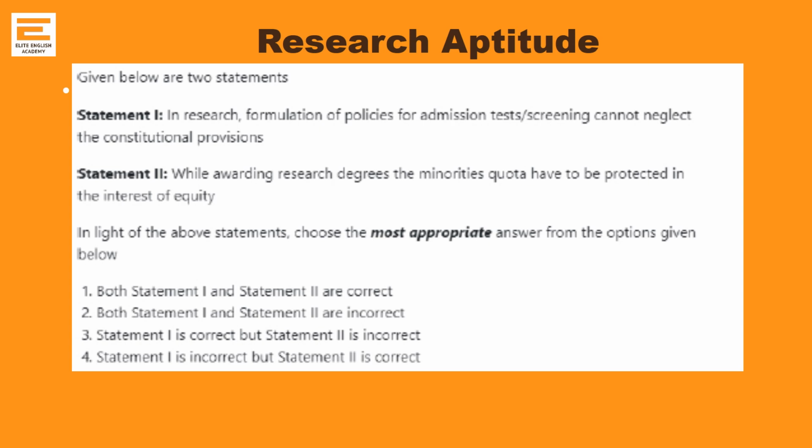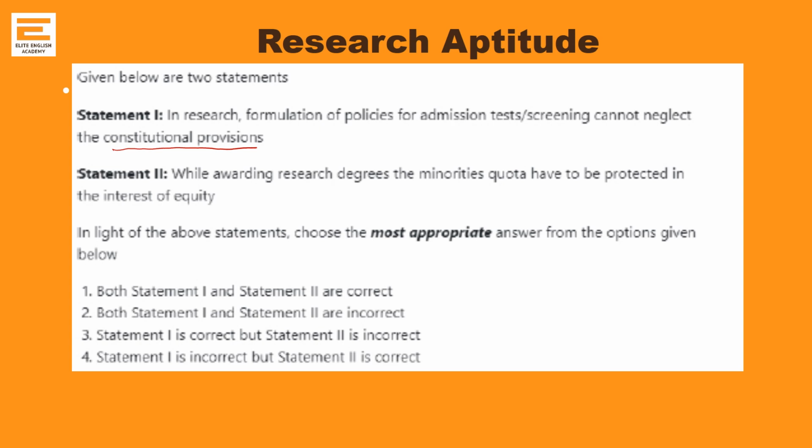Statement 1. In research, formulation of policies for admission, test screening cannot neglect the constitutional provisions. Here a constitutional provision refers to the right to education. So government is looking for equity in education. Statement 2.